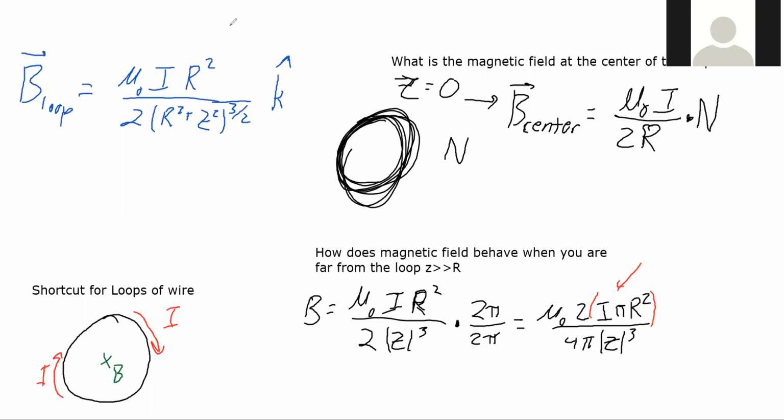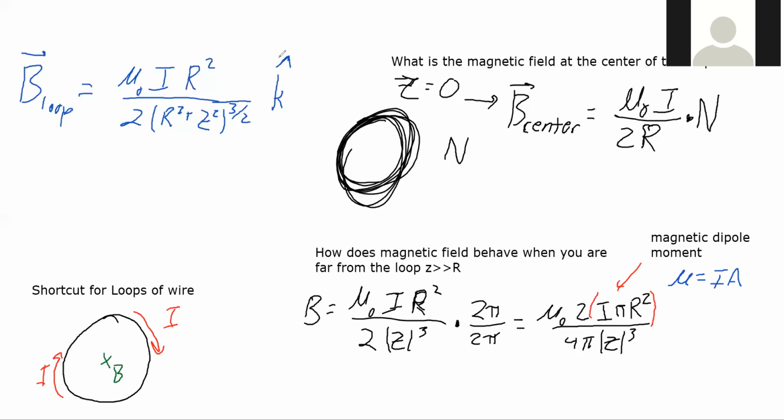We call this the magnetic dipole moment. Let me apologize in advance for using the same symbol, but that's what it is. Mu, not mu0, just mu equals I times A.